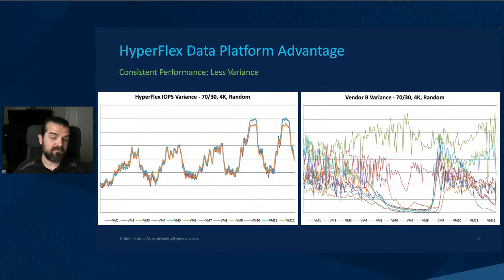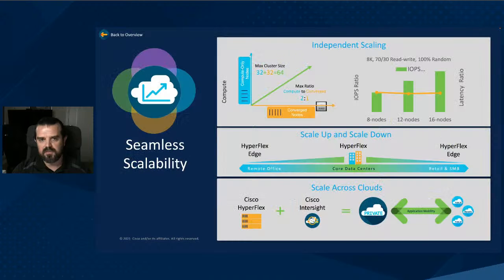But when you look at competitor solutions, you have some performance variance between VMs, because they are not using quality of service. We are using network-based quality of service, by the way. So this is a guaranteed solution if you want to give equal access to storage for every VM.